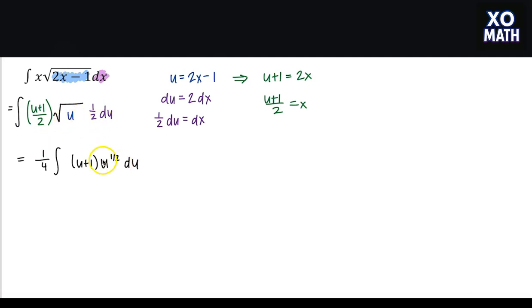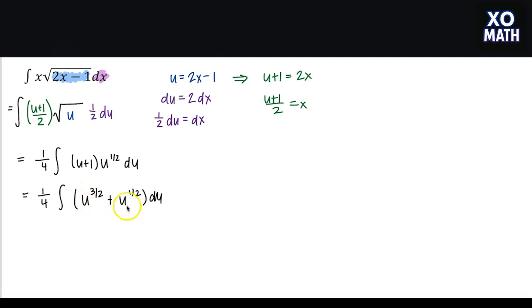So here, I'm going to have to distribute u to the 1/2 into this binomial so that I have terms that are added so that I can apply the power rule for integrals. So I'm going to have 1/4, the integral of u to the 3/2 plus u to the 1/2 du, if I distribute here and add those exponents.